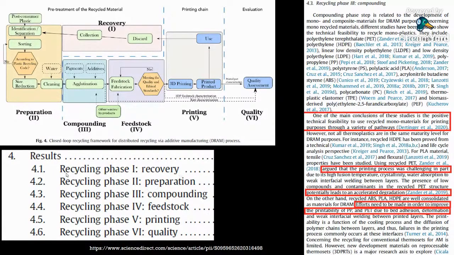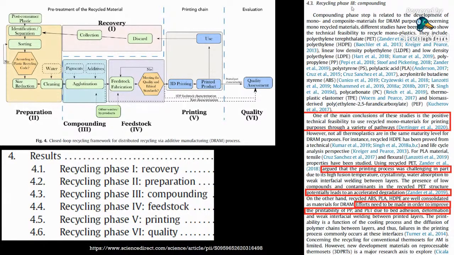And the literature writing part or the synthesis part also has 6 sections. So each section refers to each part of this framework, and they have collected literature on, for example, recovery, and they have written about the recovery section.